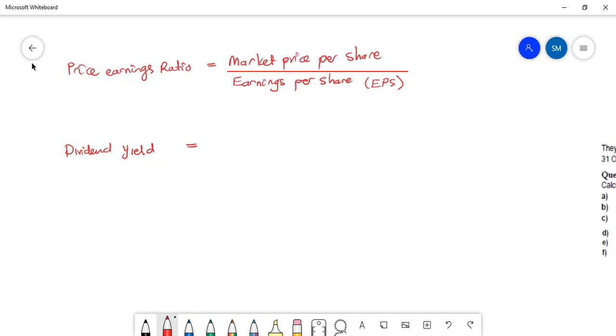So we can also calculate the dividend yield, which is your dividend divided by the market price of the share. When we look at the dividend, you include both the paid and the proposed. So your dividend, both paid and proposed, divided by the market price of the share.